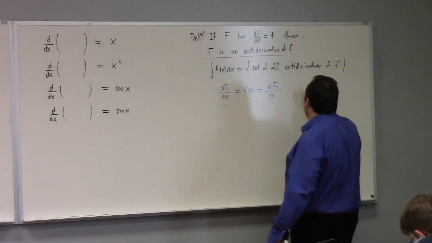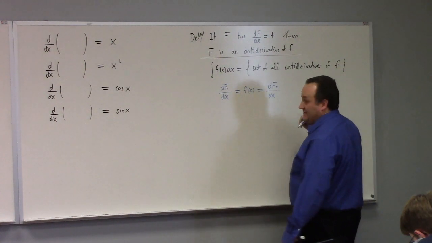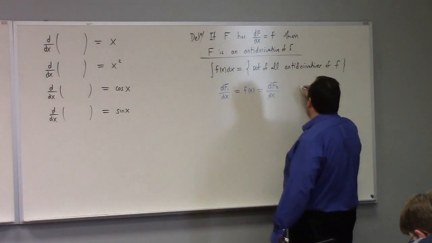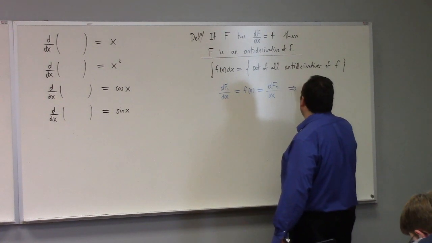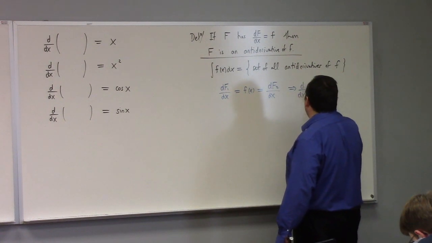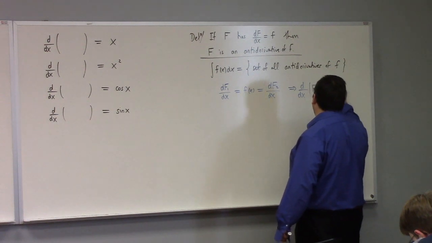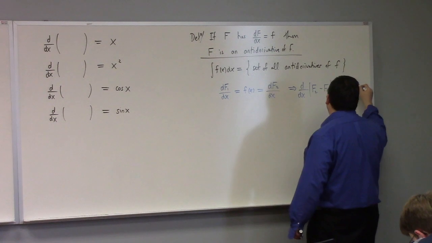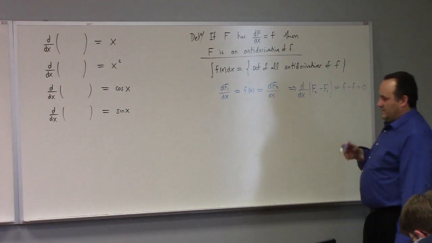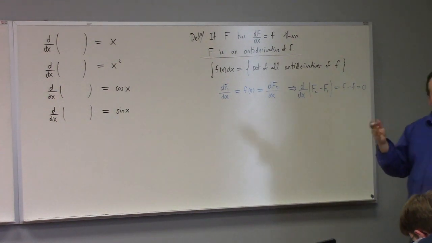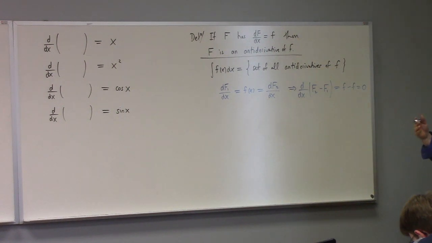Maybe they're equal, that's a possibility, but what if they're not? This would tell us that d/dx of F2 minus F1 would be equal to f minus f, which is 0. If dF1/dx is f and dF2/dx is f, then the derivative of the difference of the antiderivatives must be equal to the difference of the function little f, which is 0.